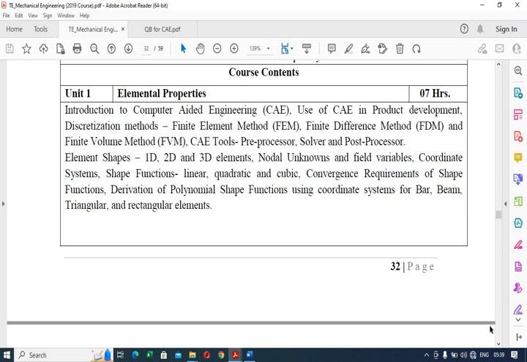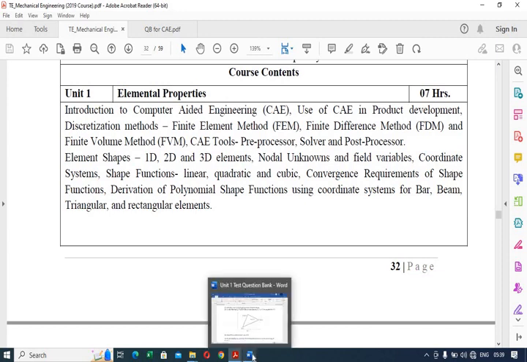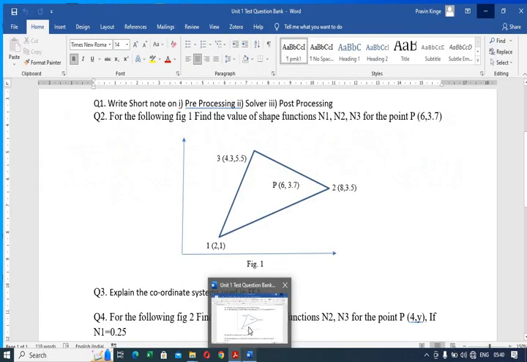So this video will be helpful to the students at the time of examinations, when they take the revision of this unit number 1. After this we will go through the questions which could be asked during the end semester examination.